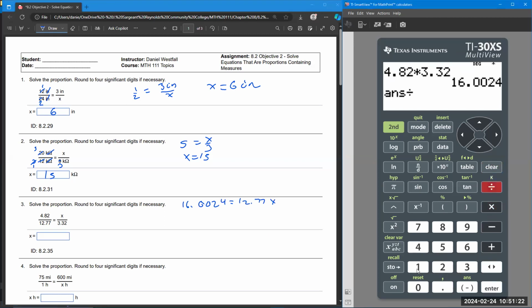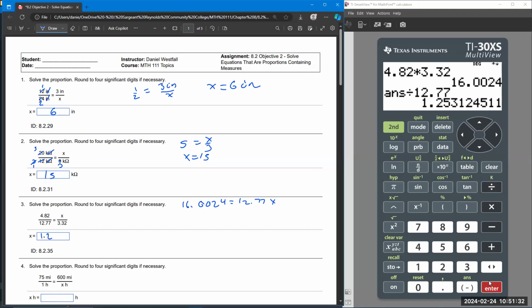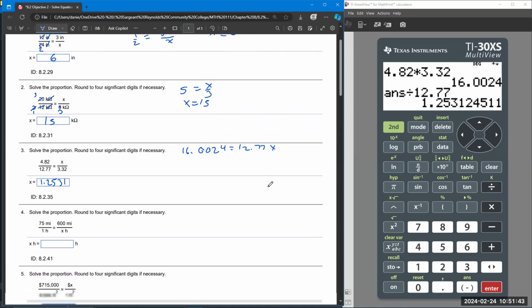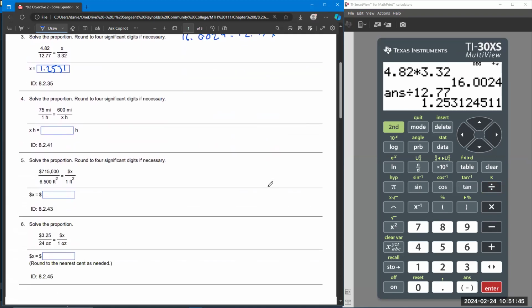Divide by 12.77. And we're going to round to 4 significant digits. That's 1.2531. There weren't any units in this one, so I'm not really sure why this one was in on this sheet instead of the previous sheet, but that's okay.